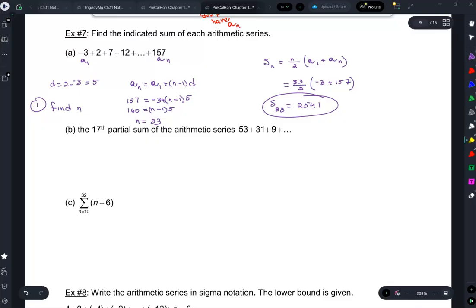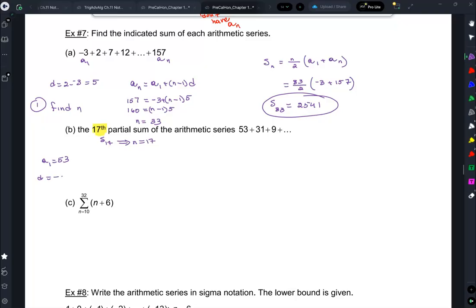Okay, 17th partial sum. If it's the 17th partial sum, then we need S sub 17, which means n is 17. I have A1 because that's the first number on the list. D I can always find.